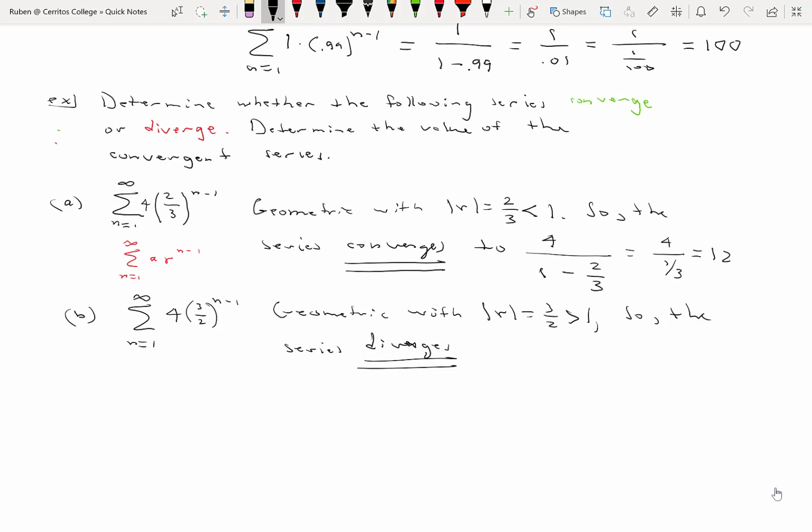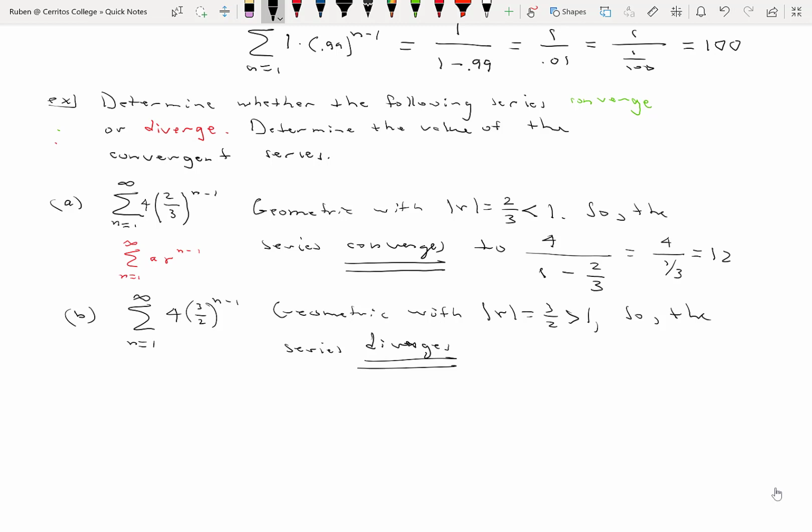So specifically here, in parts A and B, I started with a statement that the series was geometric, and then named the actual condition that was met for convergence, or not met in the second case of part B. So I want you to state everything when you're asked to determine why a series converges or diverges.